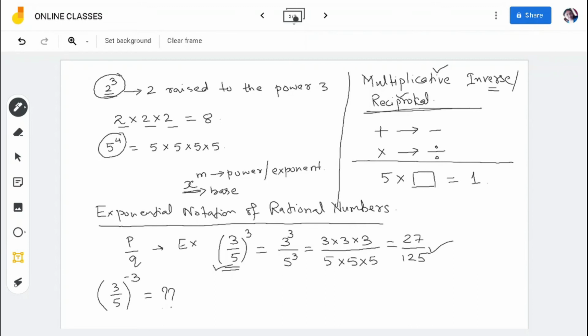So if I want to multiply 5 with any number so that we get 1, that number could be 1 by 5, and whenever 1 by 5 is multiplied, you know that these two can be cancelled out and our answer will be 1.